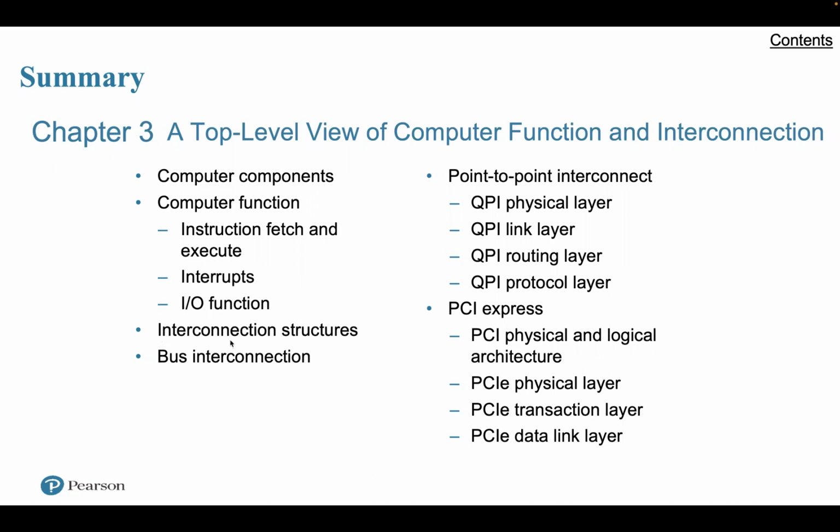We talked about how historically there were bus interconnects and various types of interconnection structures. And since then, there have been more complicated ways of doing interconnects, the first one being the point-to-point interconnect. And so we went through the various layers of the QPI interconnect method. And then we talked about PCI as well as the PCIe way of doing interconnects.